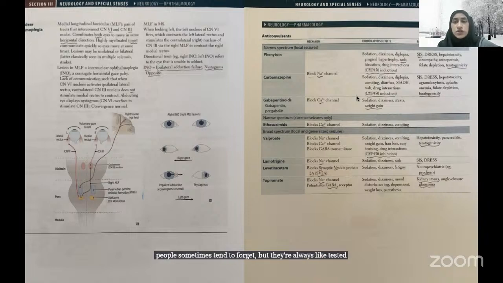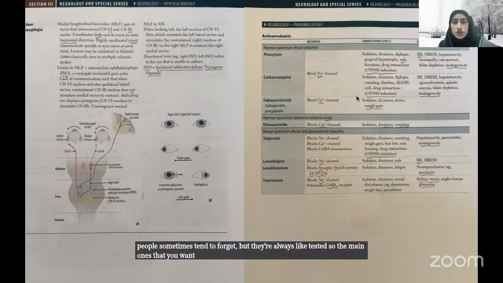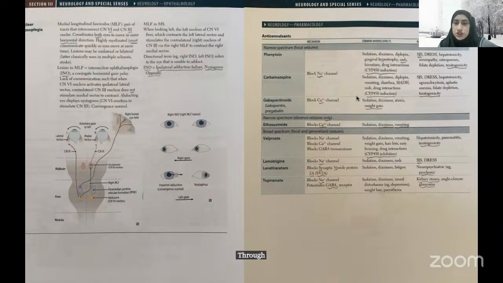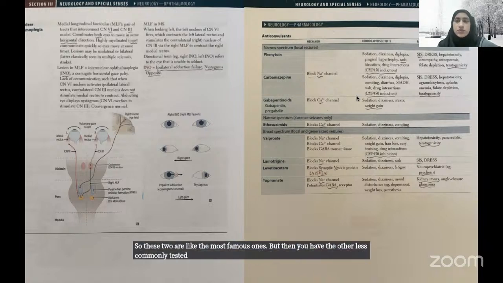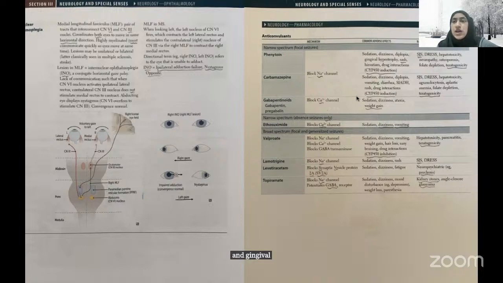The main ones to remember are rash, hirsutism, and drug interactions through CYP 450 induction. These are the most famous, but you also have the less commonly tested: dizziness, diplopia, sedation, and gingival hypertrophy.